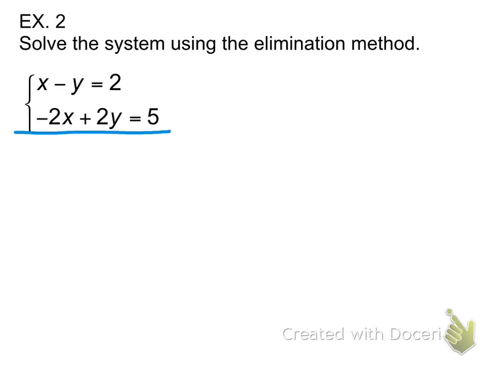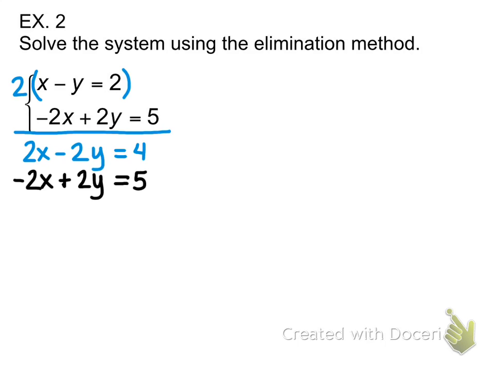So I want to multiply the top equation by 2. Then I would have a positive 2x and a negative 2x, which will cancel out. So when I multiply 2 times x minus y equals 2, I get 2x minus 2y equals 4. I rewrote the second equation exactly as it is because I'm not doing anything different to that equation.